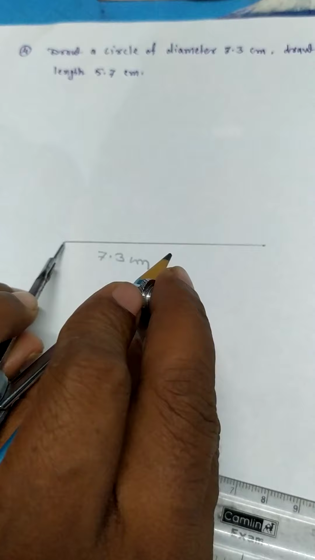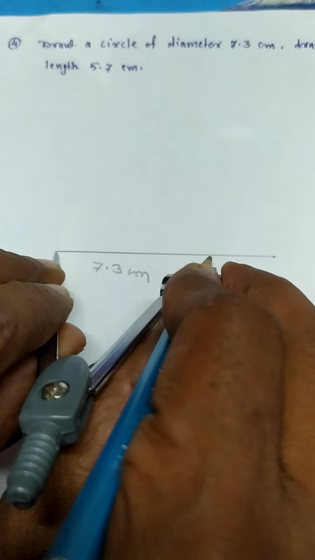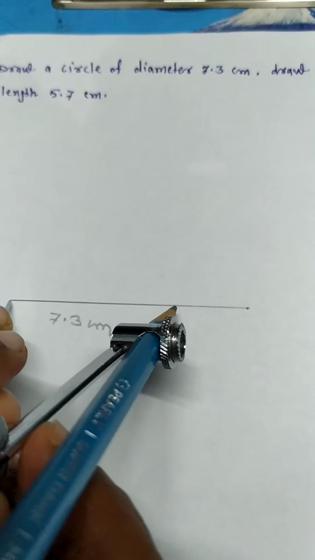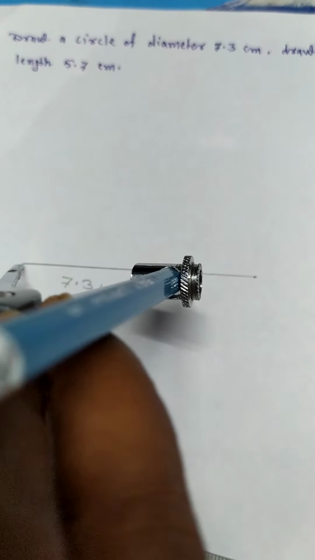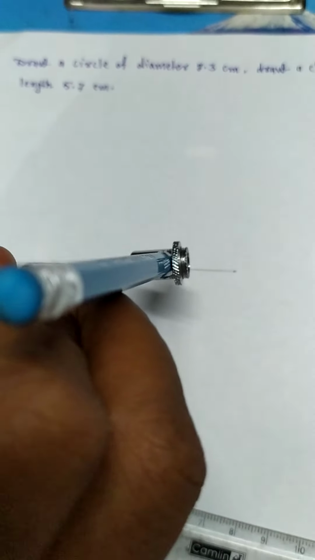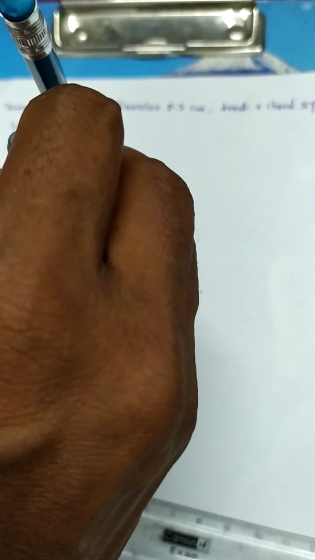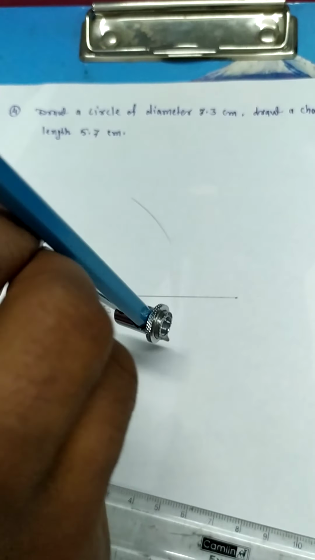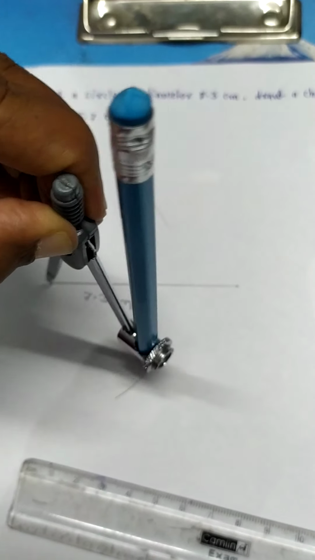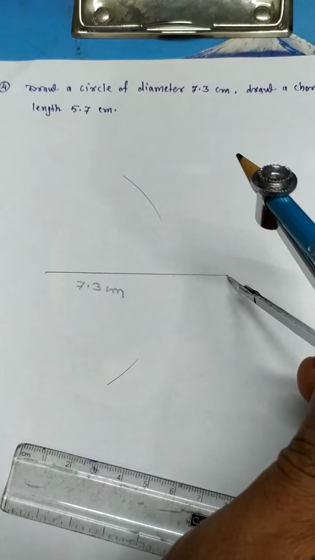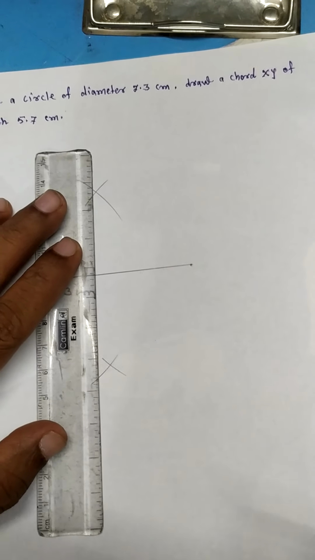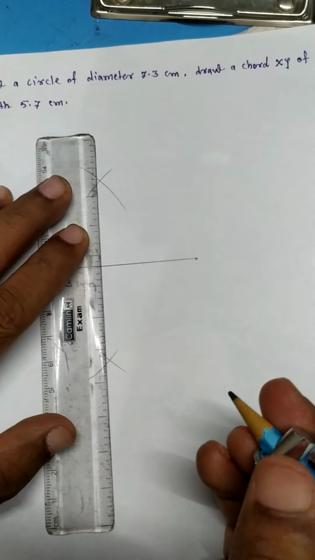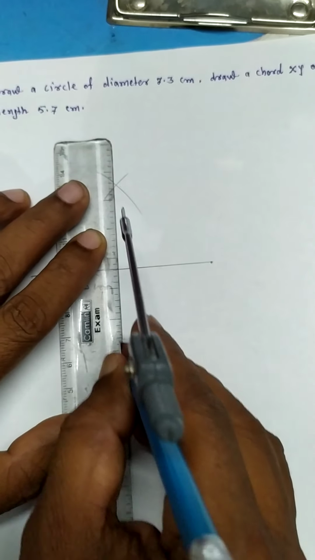So to bisect this, again I have to take a distance greater than half of this, and make this arc above and below also. Now again change the position of the compass and make arcs above and below, and then join the points of intersection of these arcs.